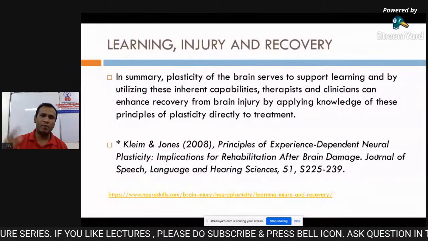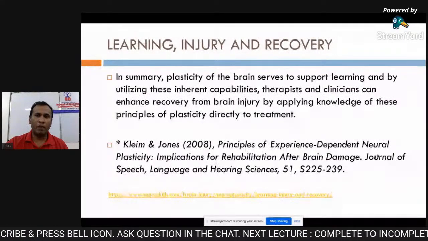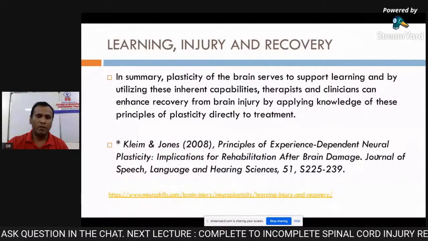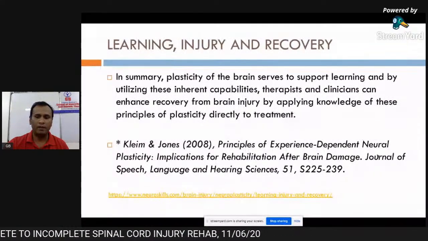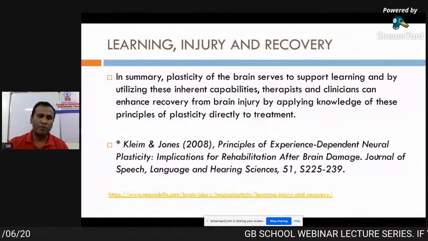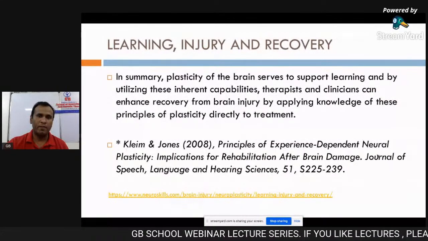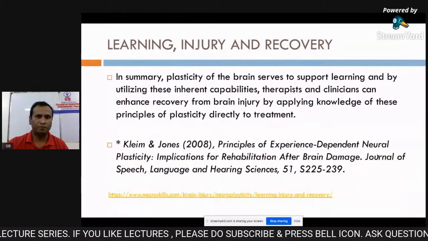All this knowledge can be applied in terms of learning and recovery, and modifying the brain with injury. So I suggest we should use this combination of different aspects of neuroplasticity, learning and recovery, and then plan our exercise designing, or the exercise prescription of the exercise program.